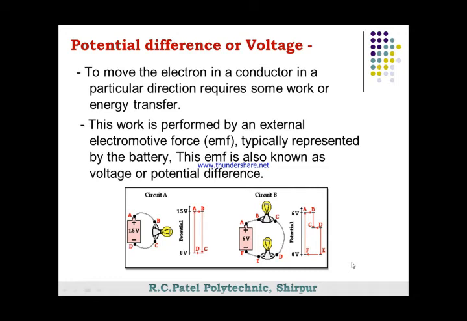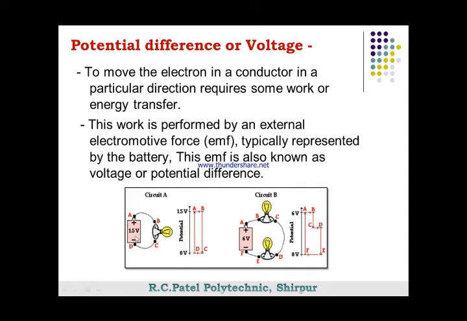Next we check another basic quantity, called potential difference, or simply voltage. To move the electrons in a conductor in a particular direction requires some work or energy transfer. In both diagrams, we are using a battery.